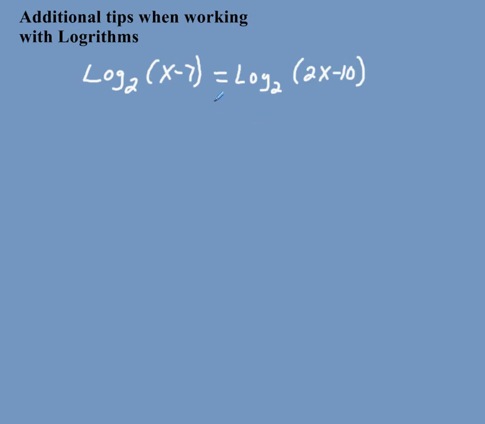From the onset, it looks pretty confusing, but remember that when you've got a log to the same base on both sides of the equal sign, you can cancel those logs out and merely solve for these parts. x minus 7 is equal to 2x minus 10. The requirement, though, is the logs must have the same base, log 2, log 2. If they are not the same base, then you cannot cancel them out.